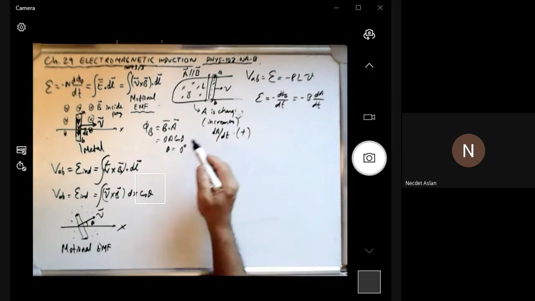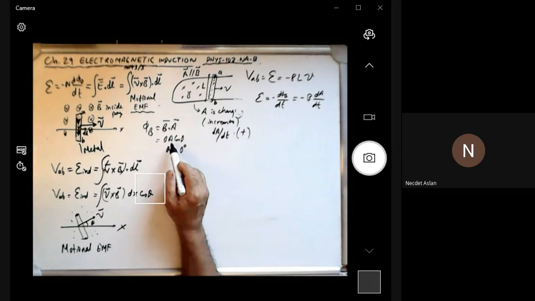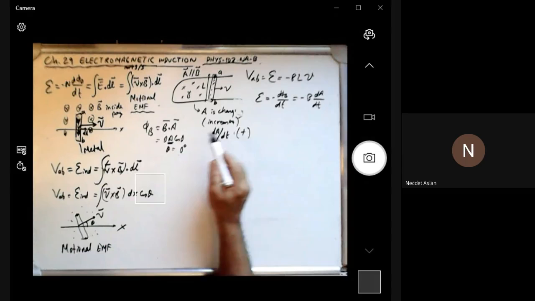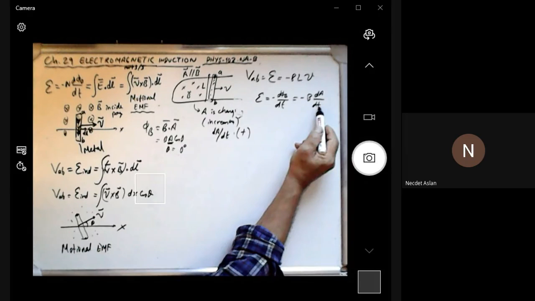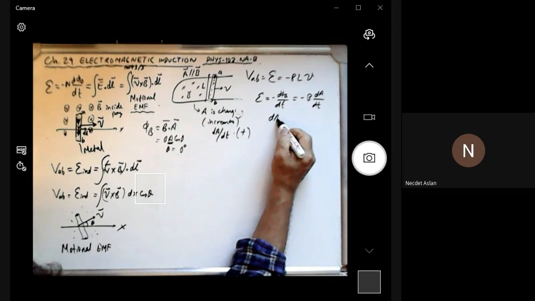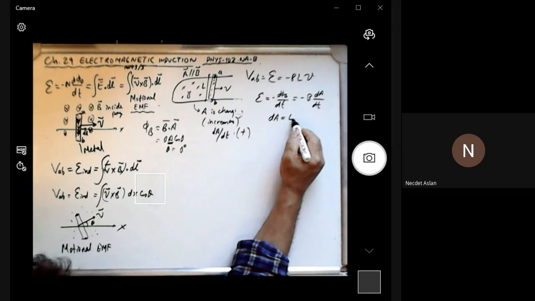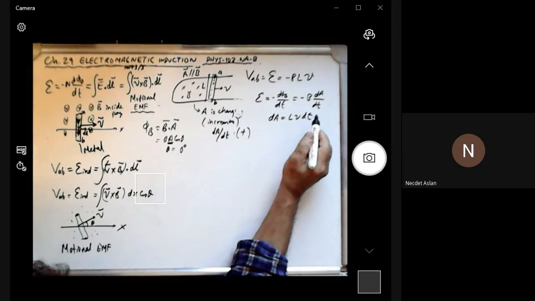But now the area is the only thing which changes in time, so B is constant and dA over dt is there. We know that dA is nothing but equal to L v times dt. Why?